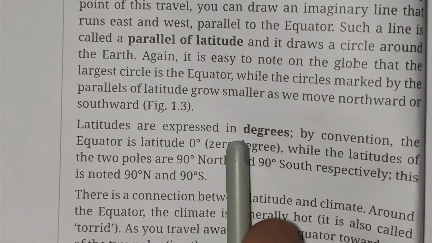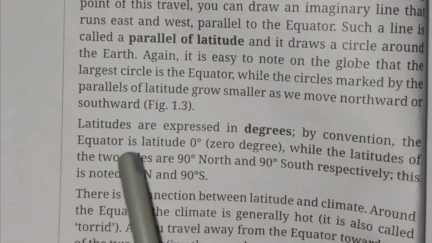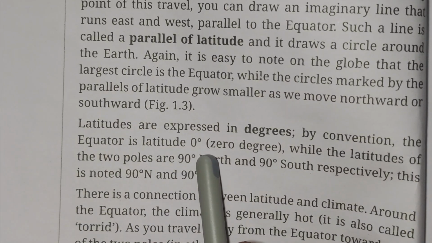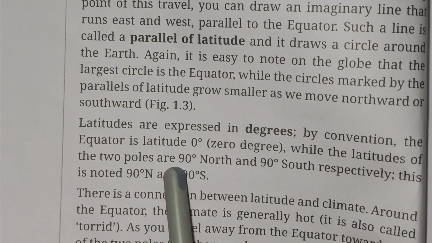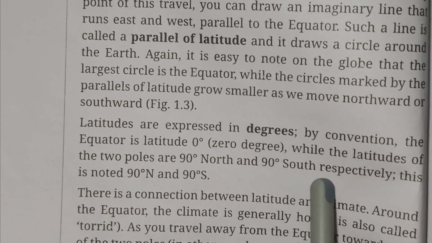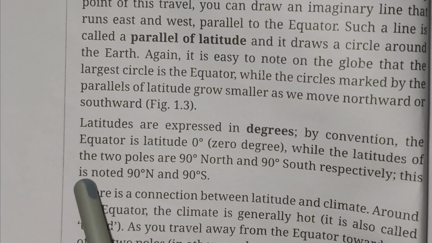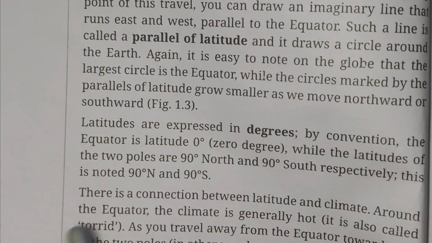Latitudes are expressed in degrees. By convention, the equator is latitude 0 degree, while the latitudes of the two poles are 90 degree north and 90 degree south respectively. This is noted 90 degree north and 90 degree south.